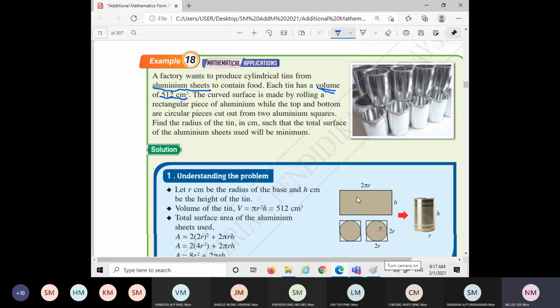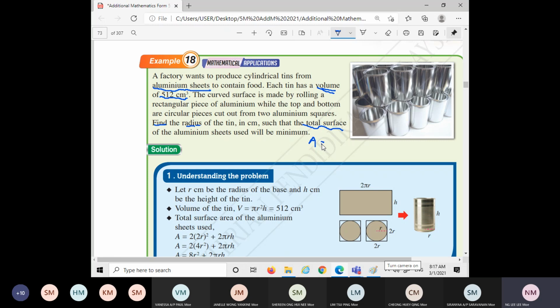Find the radius. You have to see what they want to find. Find the radius of the tin, in centimeter, such that the total surface area of the aluminium sheet used will be minimum. So first of all, this total surface means total surface area.